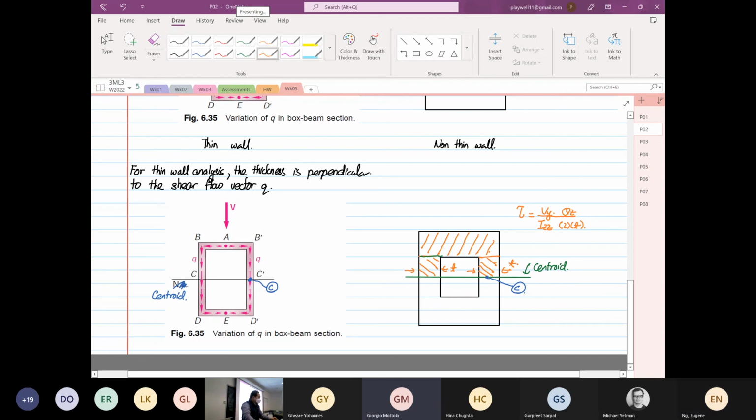Because thickness on the left, thickness on the right. Okay. For this case, for thin wall, you have Q flowing from one side, Q going to the other side. You want to find at point C.